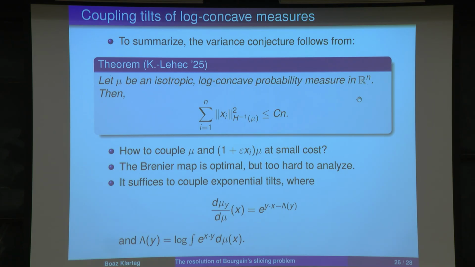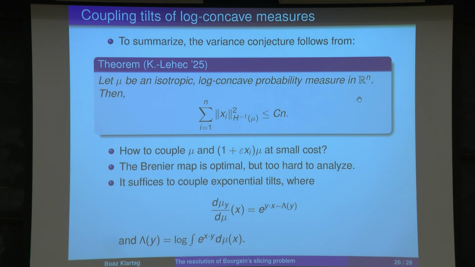And what remains to be done is to couple the measure mu and the measure 1 plus epsilon xi times mu at a very small cost. This is the meaning of this H minus 1 norm. A coupling which does not move points too much.